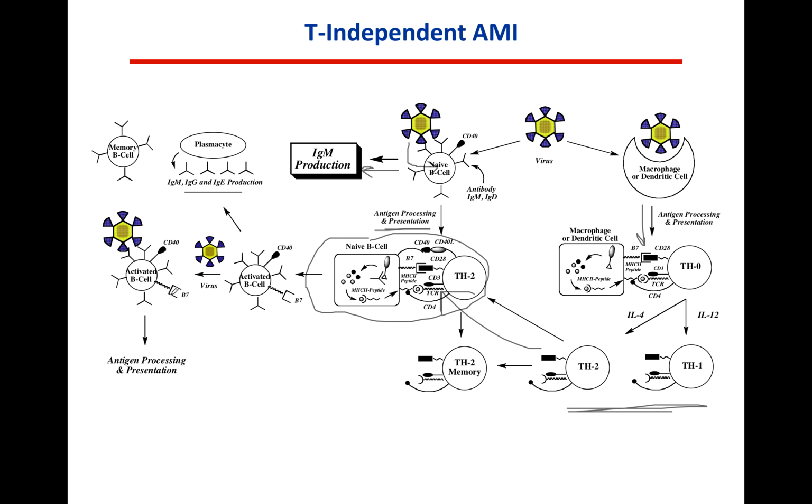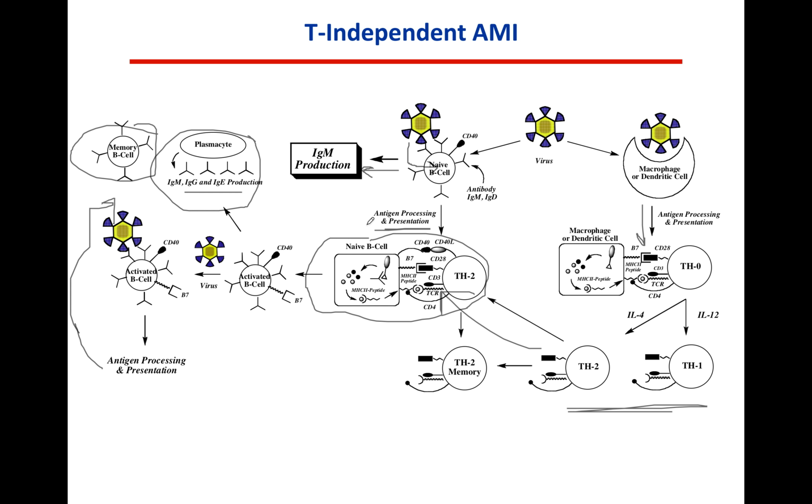Activated B cells, which are prone to really wanting to produce IgG, are going to interact with the virus, take it in, go through antigen processing, and once again produce antibodies and memory. Memory cells are going to be produced, and plasmacytes are going to be produced. So antibody will be produced as well as memory cells.